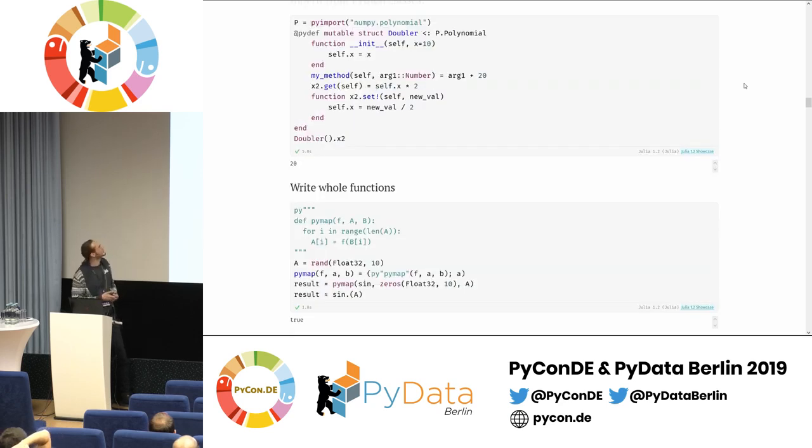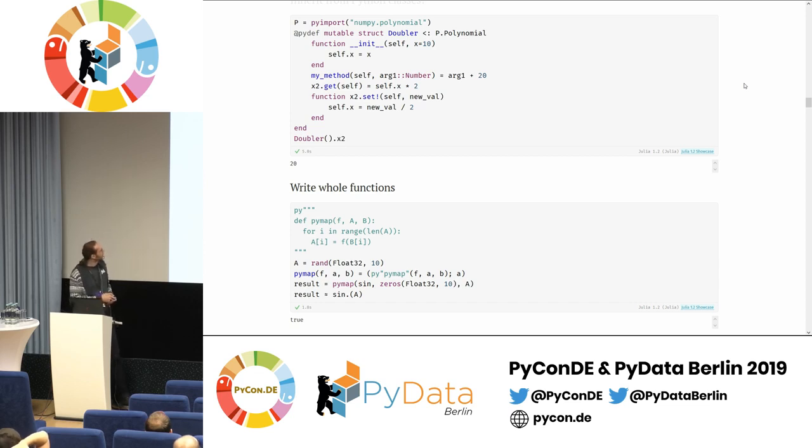You can also even inherit from Python classes. So this is a Julia macro that gives you this kind of hybrid domain-specific language between Julia and Python to define a Python class that inherits from the polynomial from NumPy, and then you can just use it like a normal Julia type, but also pass it to any Python function that accepts a polynomial.